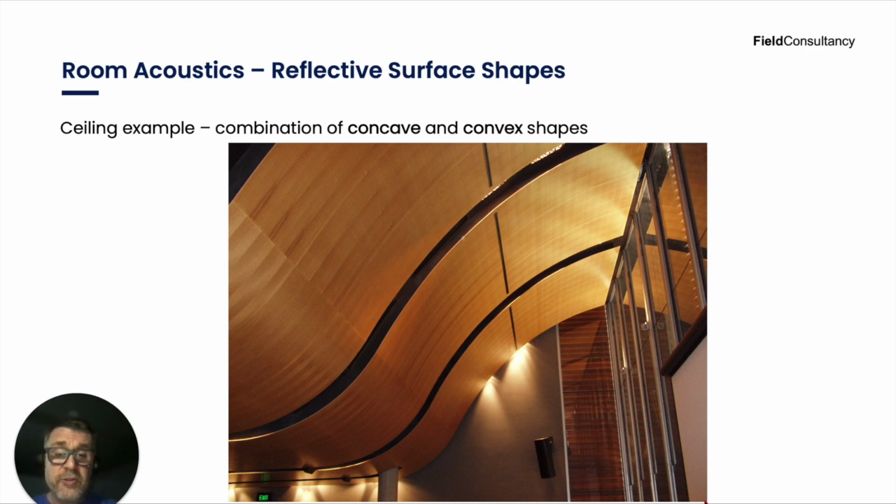So you can imagine that there could be some problematic reflections of sound, particularly from the concave surface finish here, where the focal point could be back at the speaker's location, causing distraction to that speaker, hearing a late reflection of their own voice. So in this situation, the plywood panels were actually perforated and lined behind with acoustically absorptive material to prevent that concave surface finish providing focused reflections back towards the speaker area.